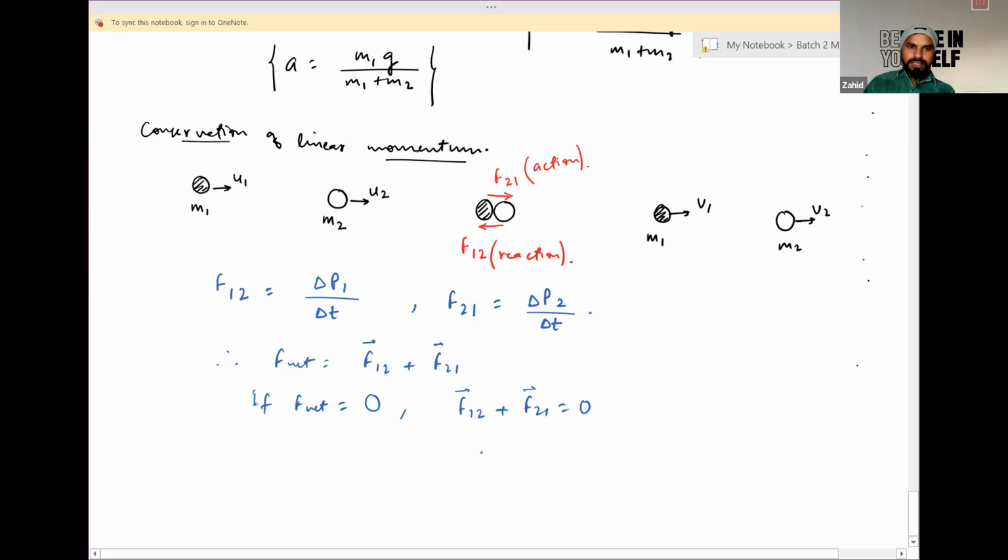Move one of them to the other side. So F12 will be minus F21. It means if this is your action, this must be reaction. And since there is a negative sign, these two forces will be in opposite directions. Is it clear? Yes, sir.